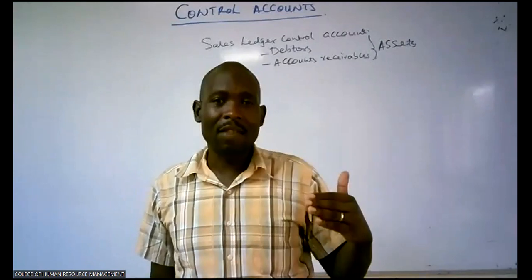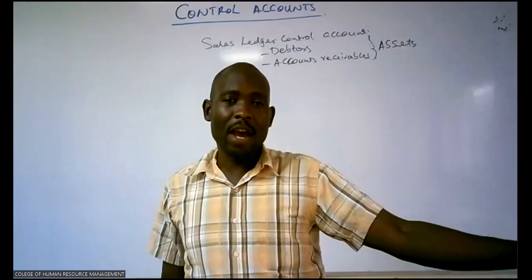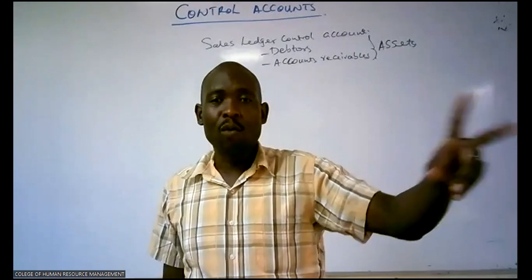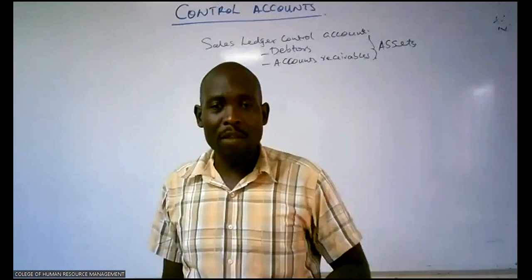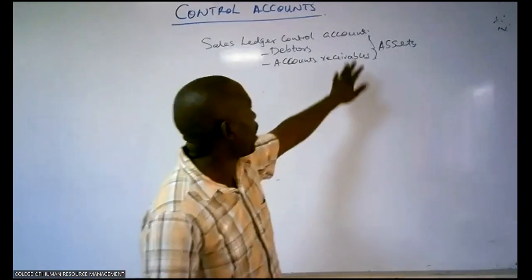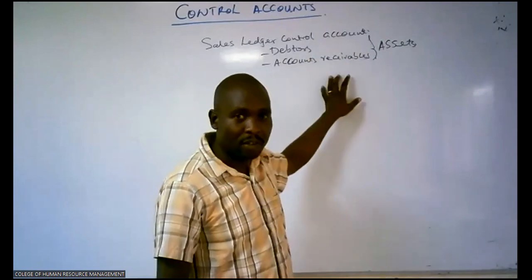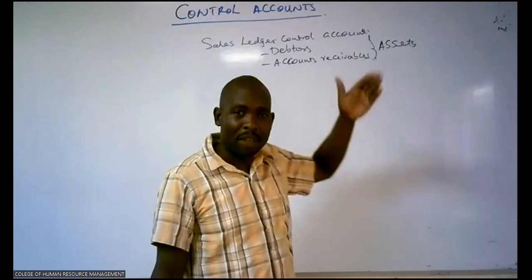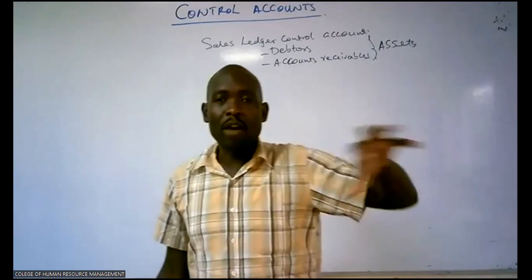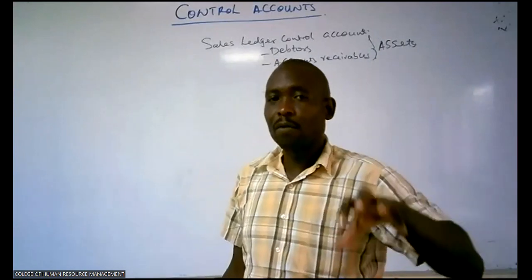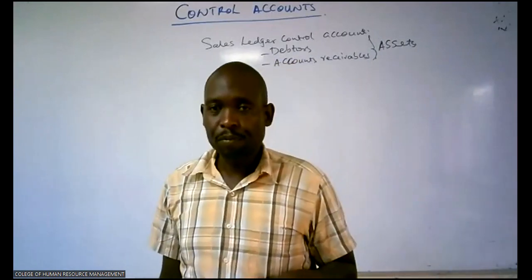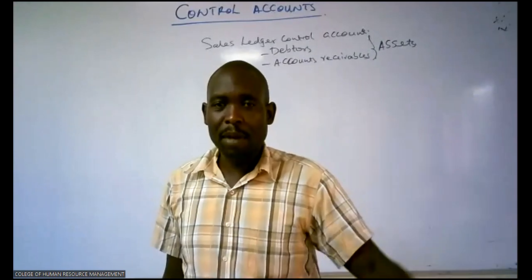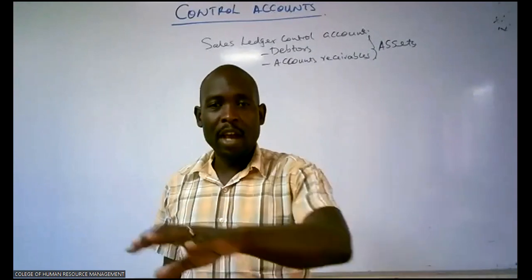Now you can understand that from the beginning of the year up to the end of the year, which is normally a period of 12 months, we are going to relate with so many debtors or accounts receivables. From the start to the end of the year, we are going to interact with quite a number of debtors in between. So we can have a debtor by the name John, Mary, and so on.